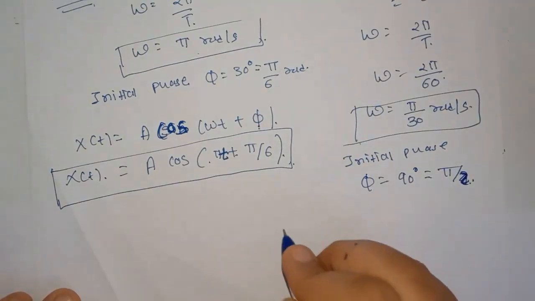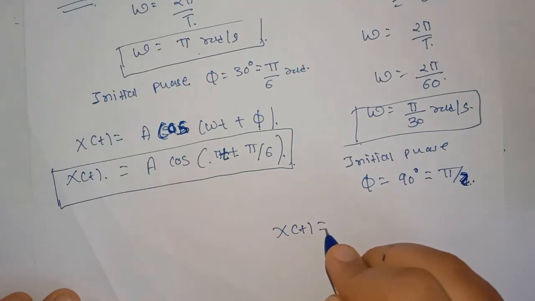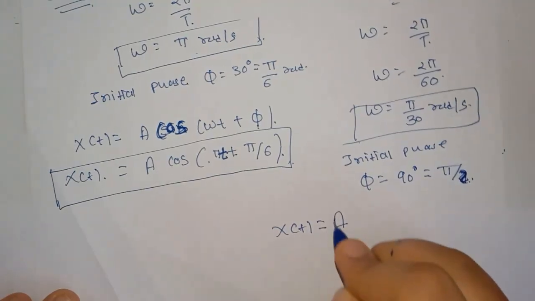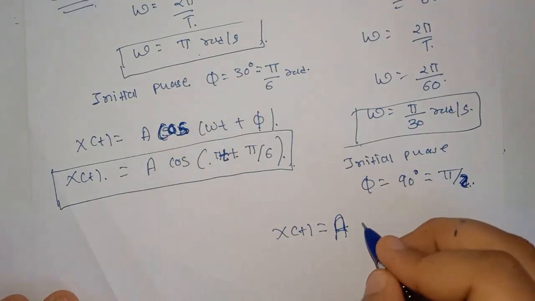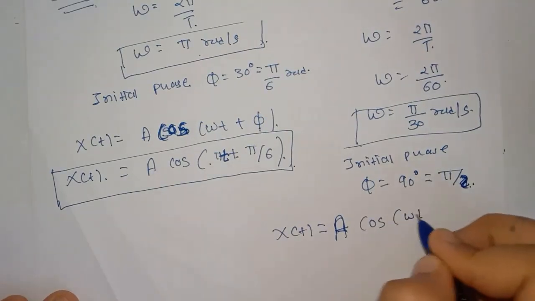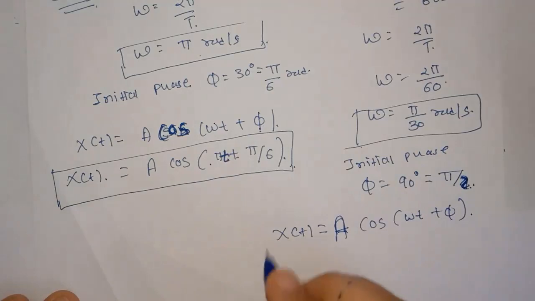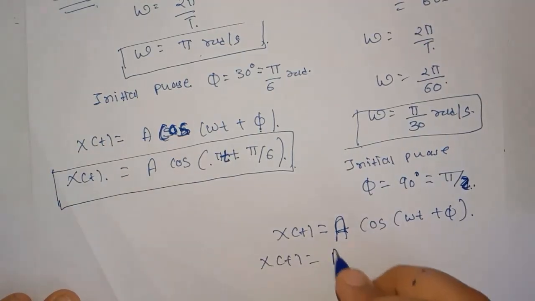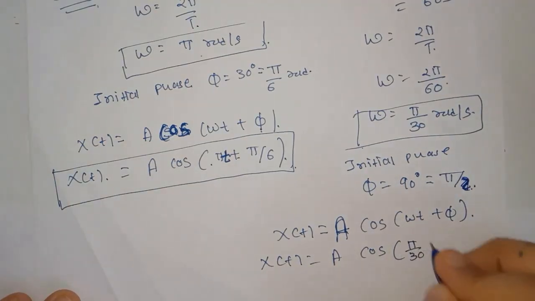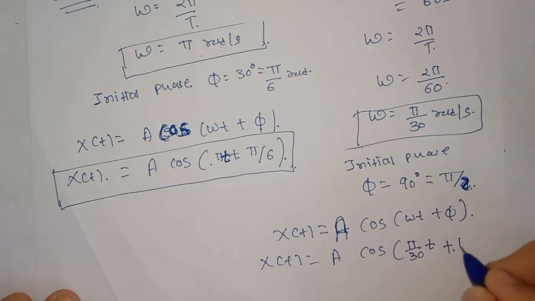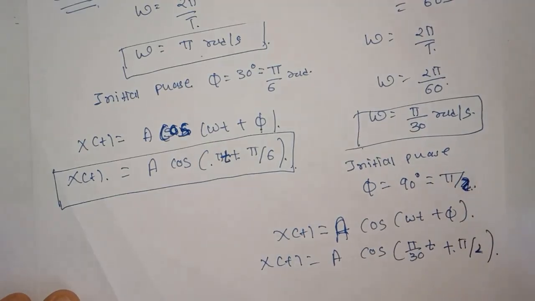So the projection on the x-axis can be written as a cos of omega t plus phi. So x of t will be, radius is a, cos of omega is pi by 30, so pi by 30 t plus initial phase pi by 2.